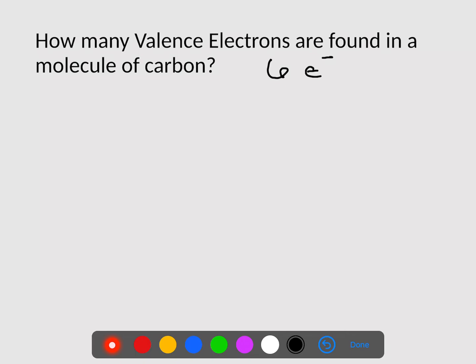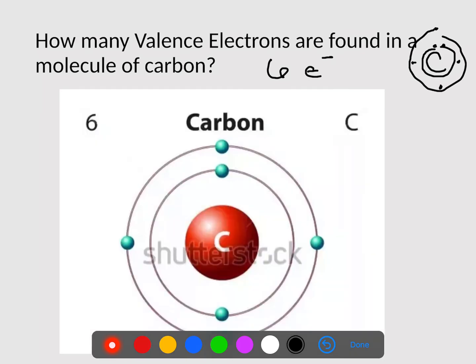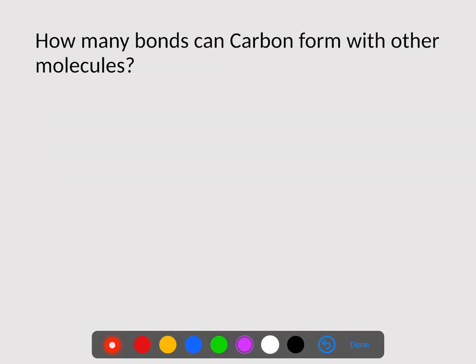Carbon's first energy level can only contain 2. Therefore, the outer energy level will contain 4 electrons. So it's going to look something like this. Total number, 1, 2, 3, 4, 5, 6, but remember, only 4 electrons are in the outer shell.